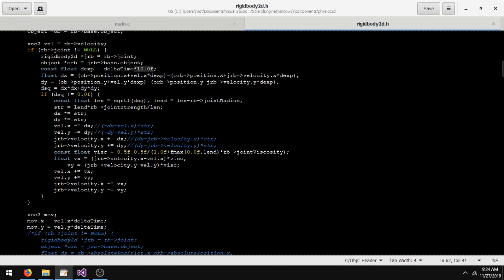So instead, what I'm going to look at doing is doing the difference in velocity as well as the difference in direction.